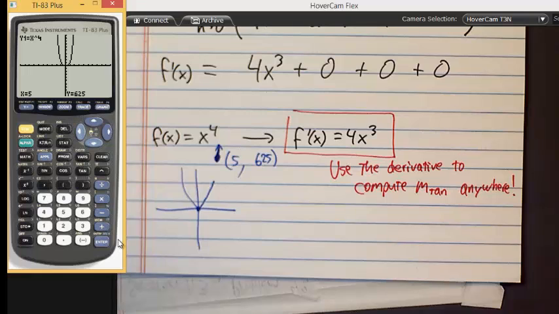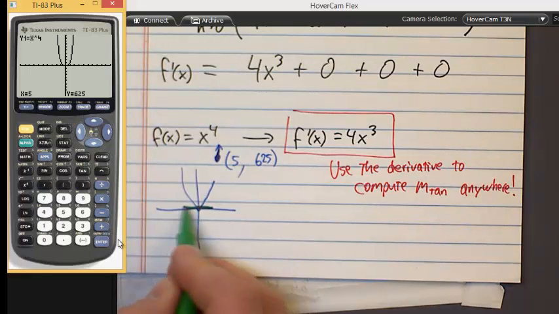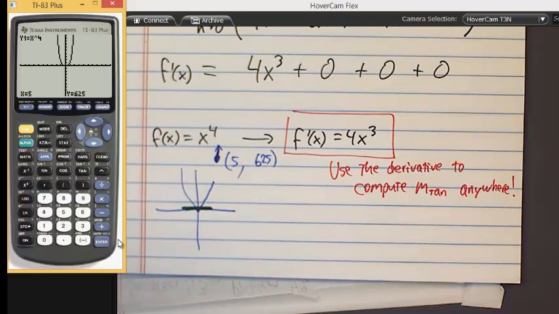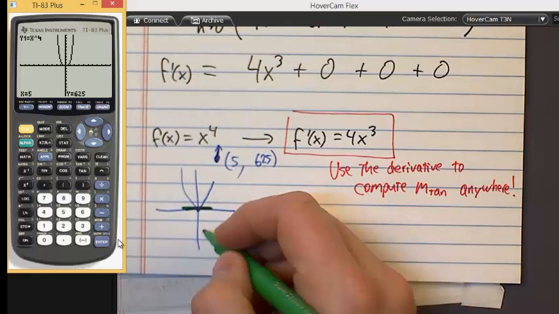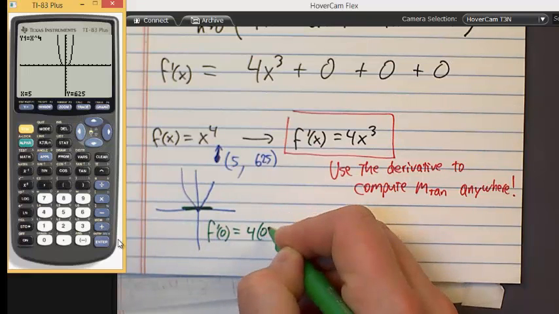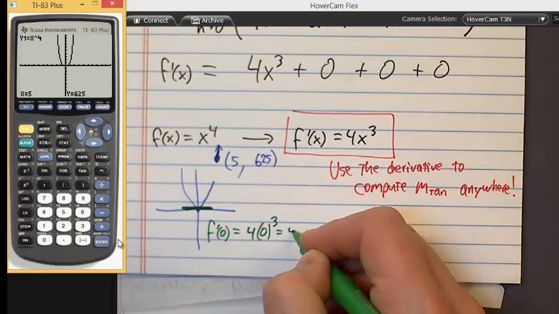So if I want to know how steep it is, for example, here's another tangent line right here. See that one? At the bottom of the curve right at the origin, do you know what the slope of that line is? 0, because it's horizontal. That's because f prime of 0 would be 4 times 0 cubed. 4 times 0 is 0.